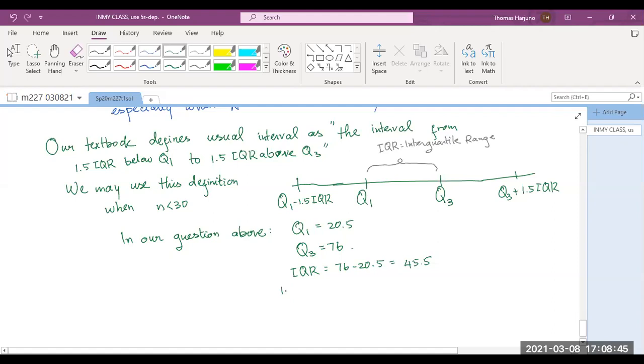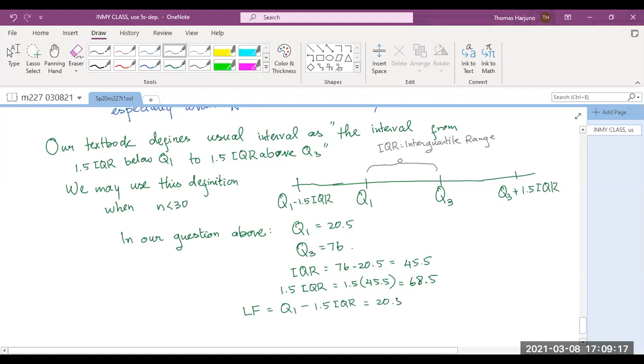Now, 1.5 times that interquartile range will be 1.5 times 45.5. That's 68.25, such that the lower fence is the first quartile minus that 1.5 times interquartile range.